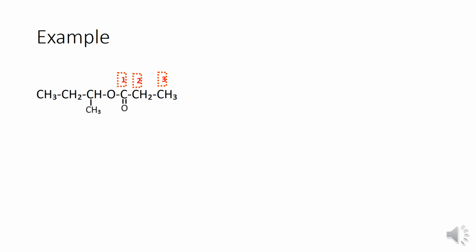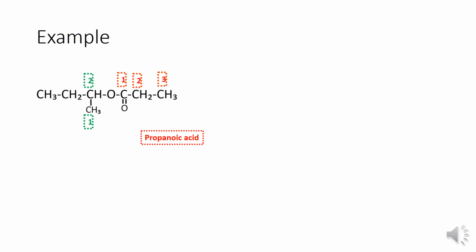Automatically, the remaining carbon will represent those of alcohol. Here they are 4 carbon, starting numbering nearest to the oxygen.